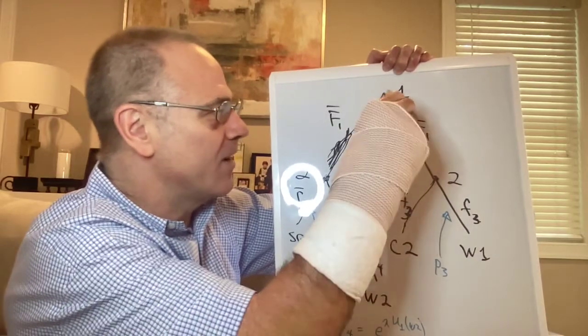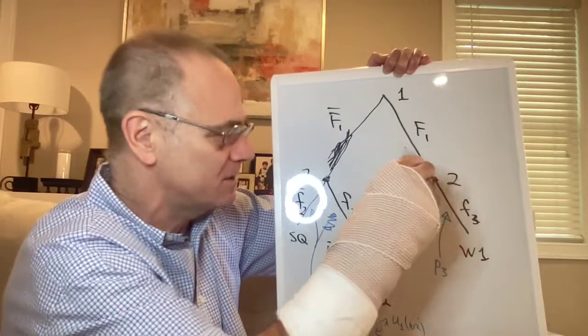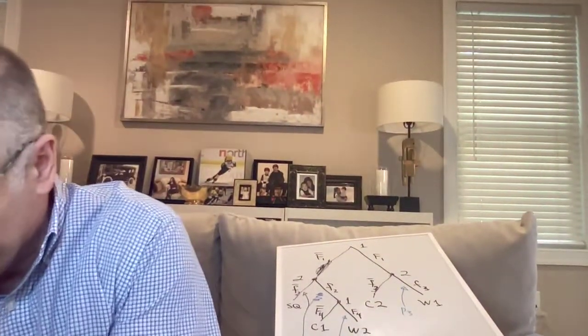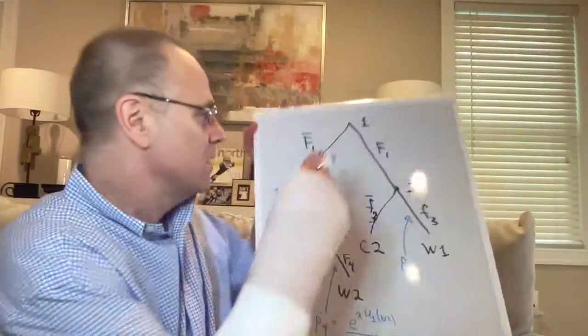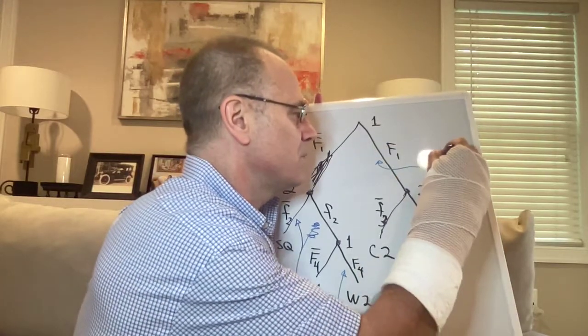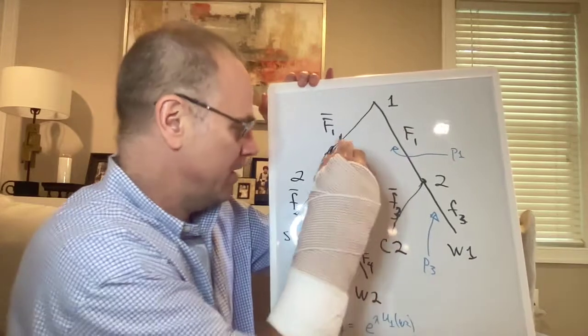All that's left is we got to know the probability 1 goes down this branch, and we're going to call that P1. So this right here is P1. That's 1 minus P1 here.